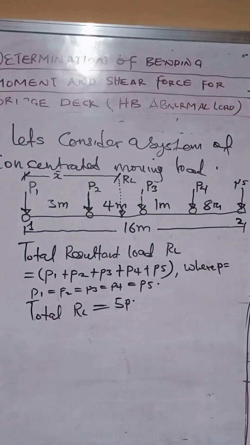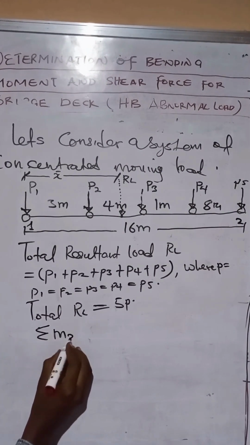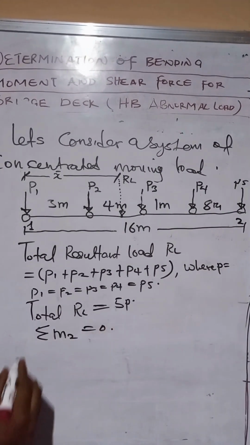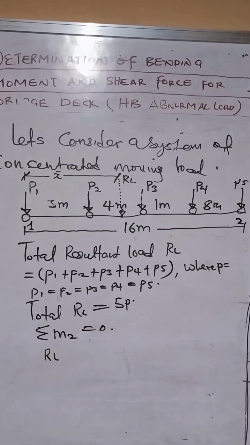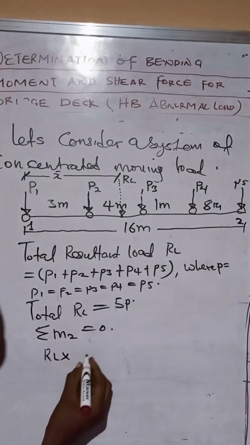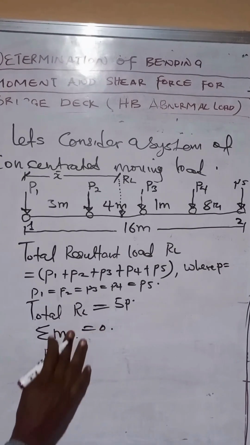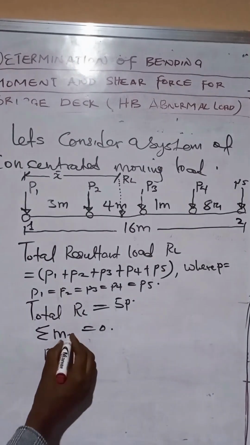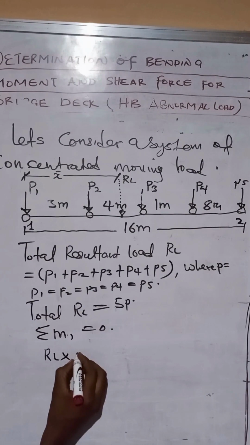So let's say summation of moment about point 1, so that we can get x. If we do that, we'll have RL times bar x.